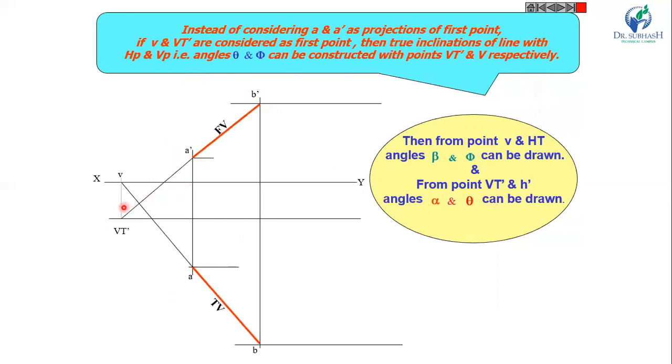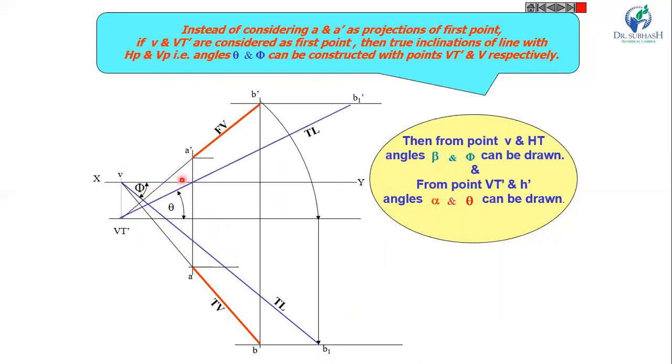Here you can see initially points V and VT dash are considered. So from that we can draw this way. From V and HT you can draw beta and phi, and from VT and H dash, you can draw alpha and theta.